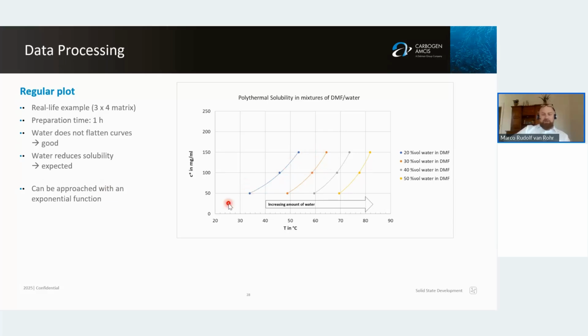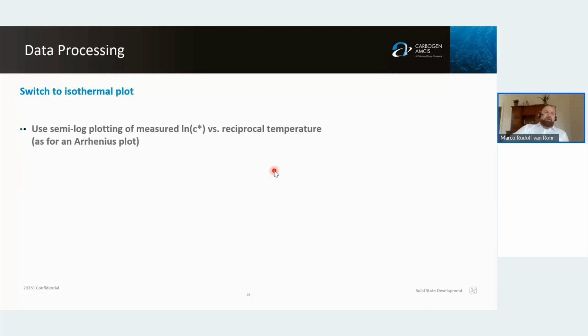These points can be approached via exponential function. So typically the best way to approach is the 1/2, but you can also put in just a classical exponential function engine. Now what I do to transfer polythermal into isothermal solubility data is that I use a semi-log plotting of the measured concentration. So semi-log plotting of the natural logarithm of my concentration versus the reciprocal temperature.